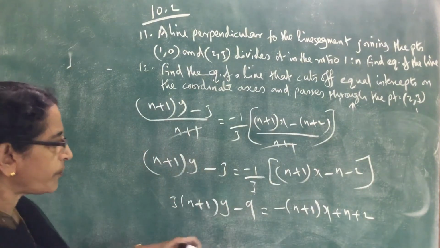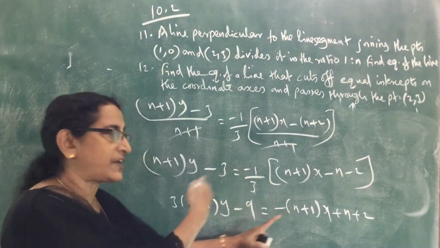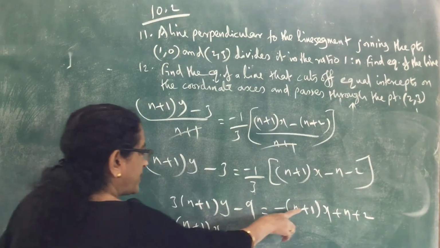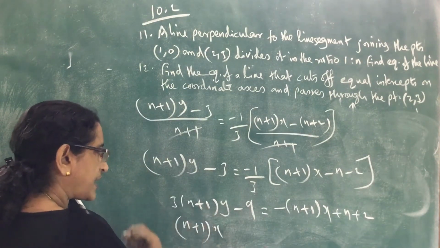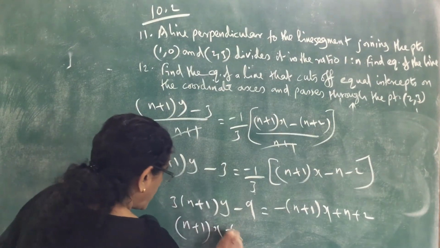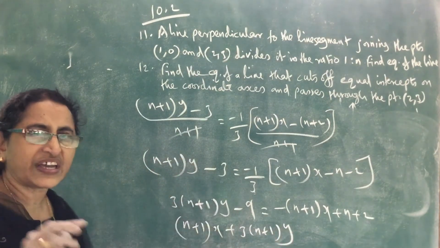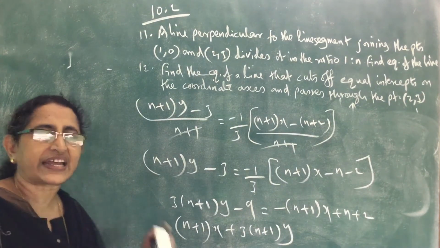Now minus n plus 1 x we can take to the left side. So we get n plus 1 into x, taking this side positive, plus 3 into n plus 1 into y. First we write the x term, then the y term, then the constant term.